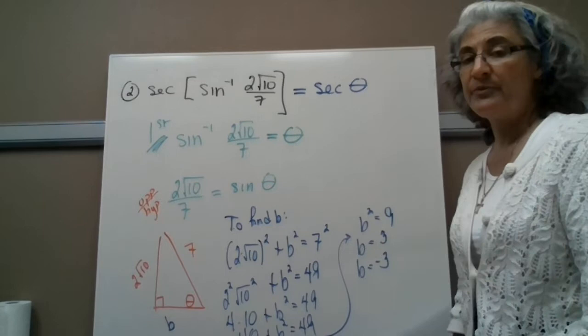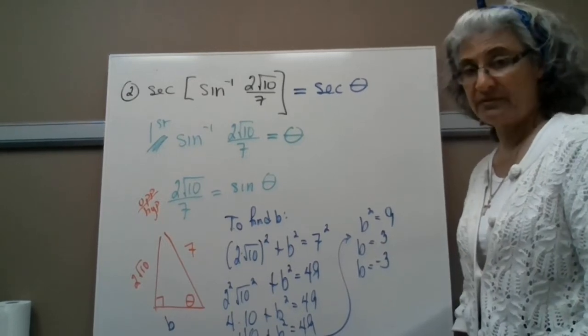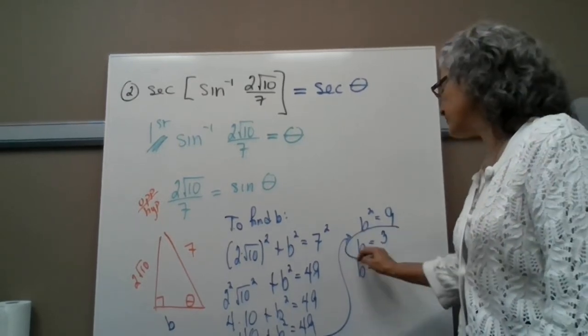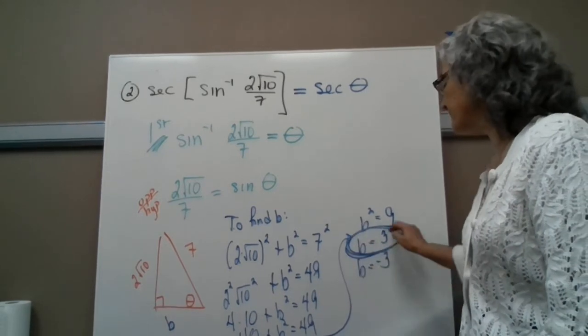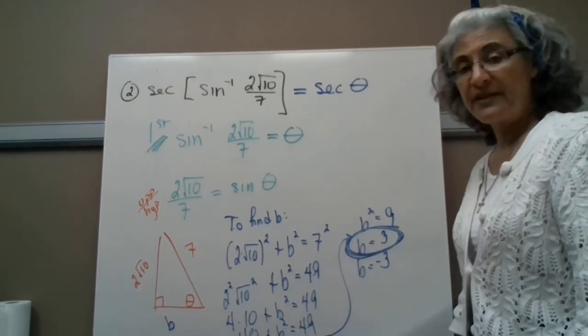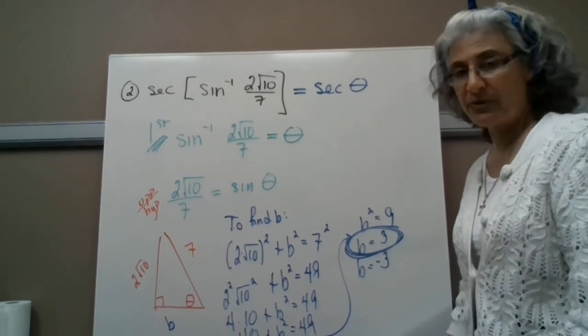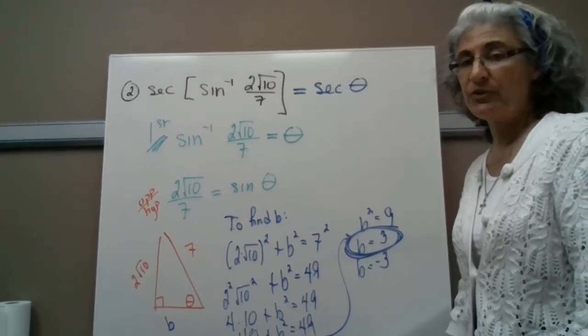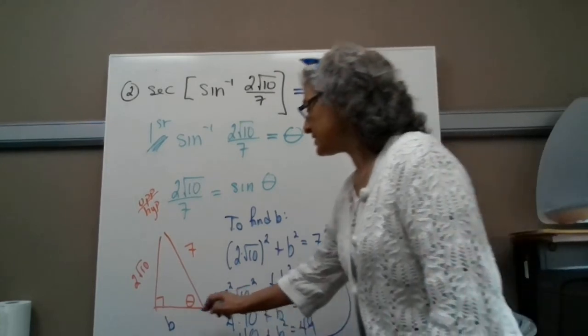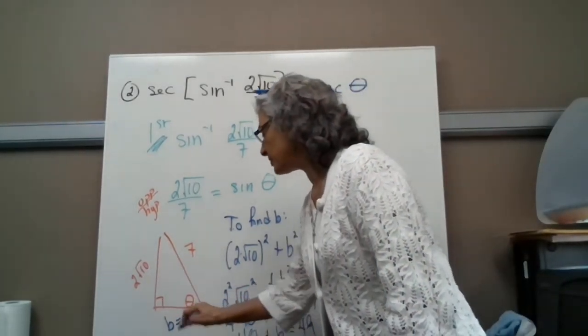So which one is it going to be, a positive 3 or a negative 3? I hope you said a positive 3. For one thing, it didn't tell me anything about a quadrant. And if it didn't tell me anything about a quadrant, then I'm going to assume we're in quadrant 1, which means in this case, b is going to be equal to 3.